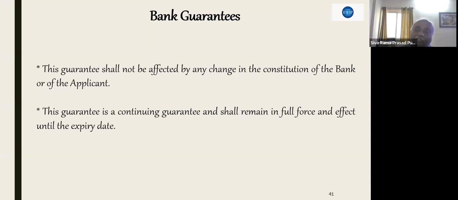This guarantee is a continuing guarantee and shall remain in force and effect until the expiry. As long as the expiry period is there, it will be continued. Some guarantees are revolving guarantees.